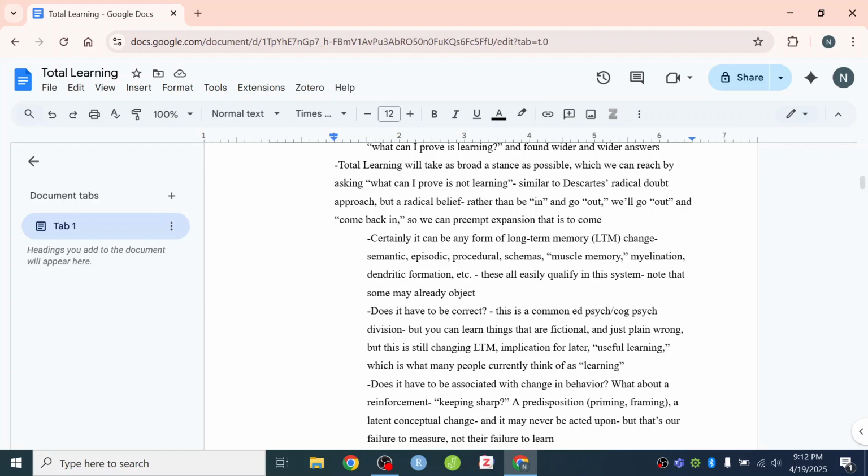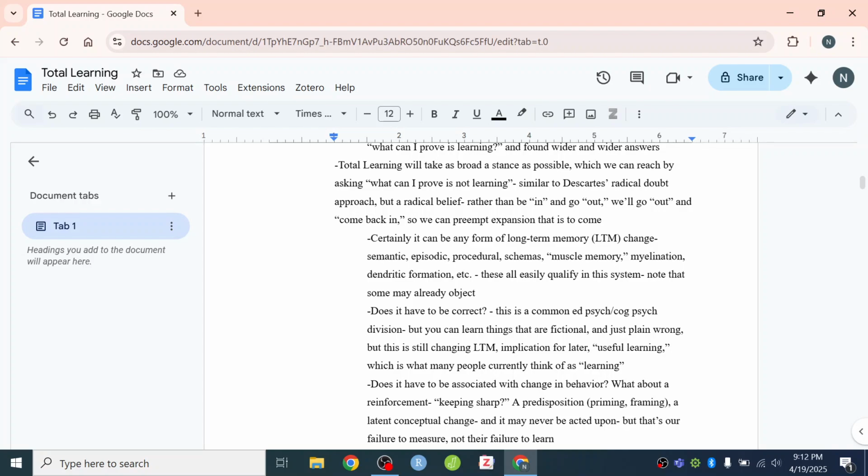Okay, and what about, of course, a predisposition? Again, this is also learning that can occur without being associated with a change in behavior, a priming, a framing, a latent conceptual change. Again, going to those rat studies where they learn the maze without an incentive to.